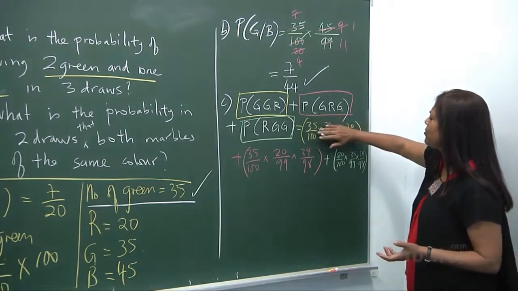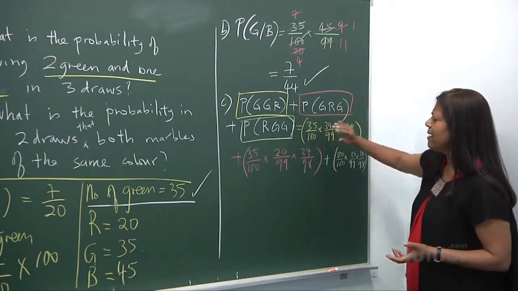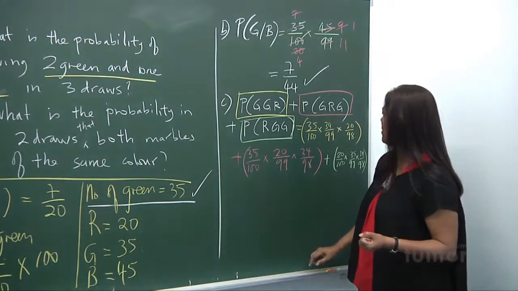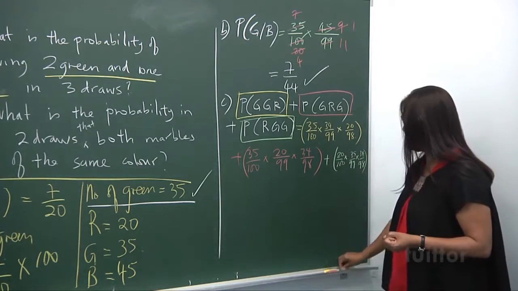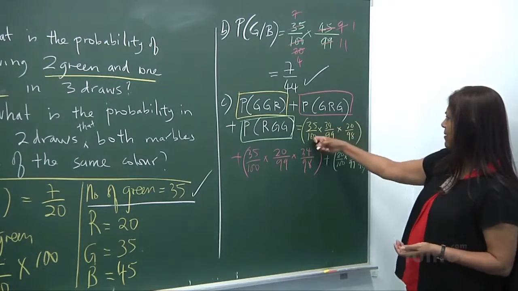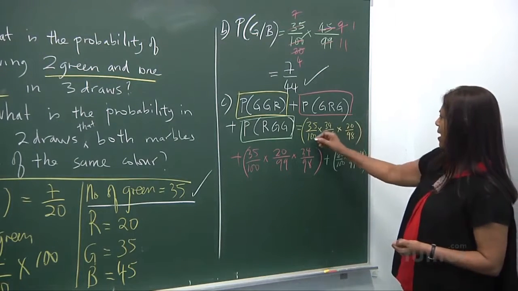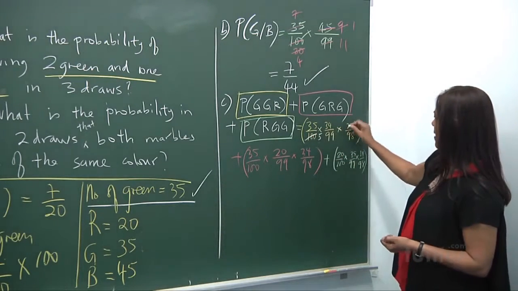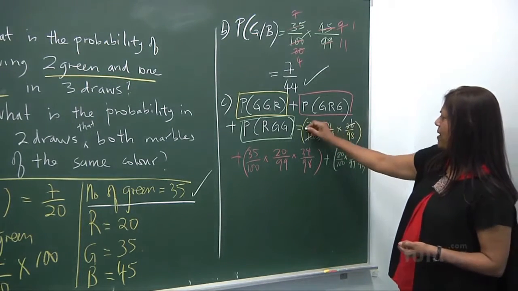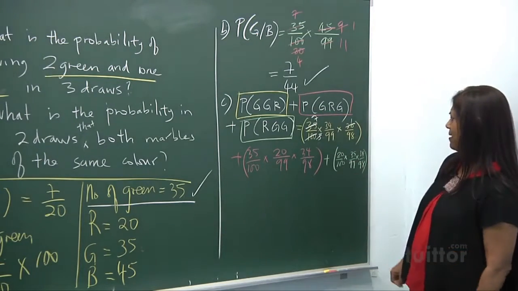So what you need to do is take this answer and multiply it 3 times. Is that clear? If you look at any one of them, I would take these two and see what I reduce this to. This is 5 and this is 1. This is 1 and this is 7.